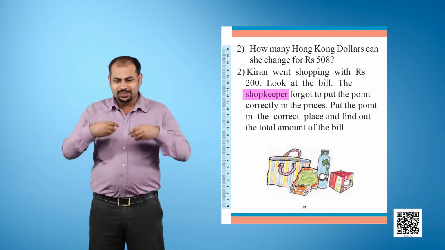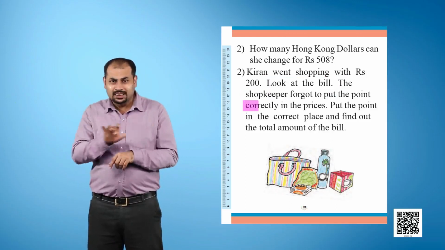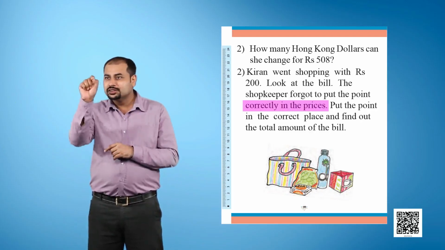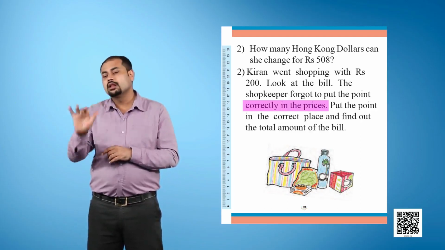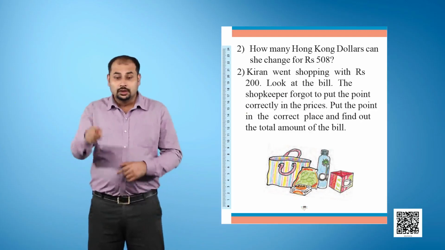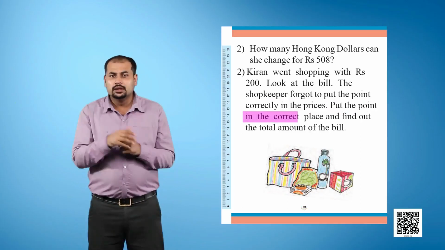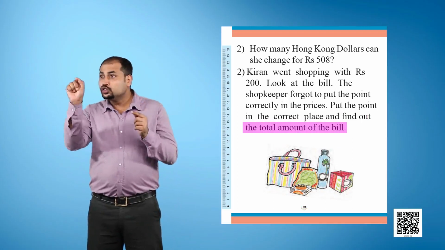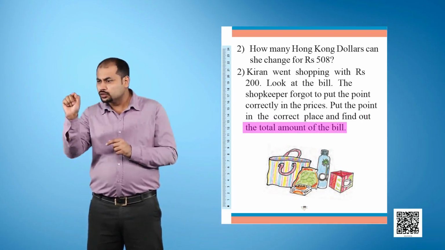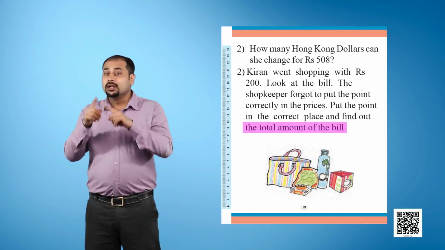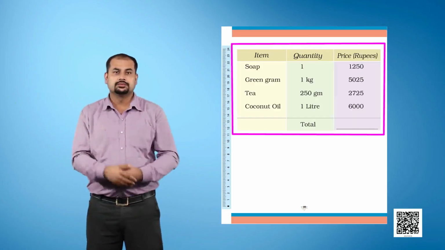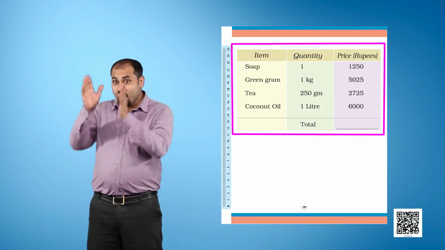The shopkeeper forgot to put the point correctly in the prices. Put the point in the correct place and find out the total amount of the bill. Below this we see a picture of some items which have been purchased.